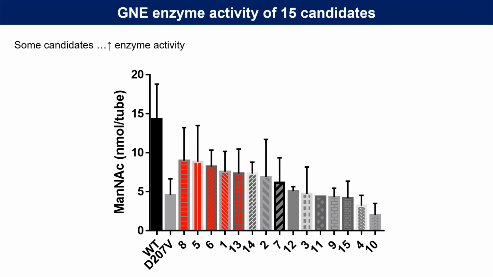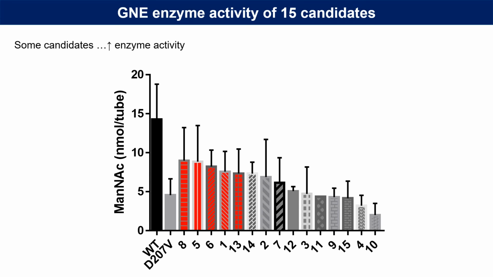D207V is a known mutant, which is very frequent in Asians and which is known to have oligomerization failure. ManNAc production of the D207V mutant is about 30% of wild type, and we added candidate compounds to this mutant. And as you can see, some of the compounds seem to increase the ManNAc production.